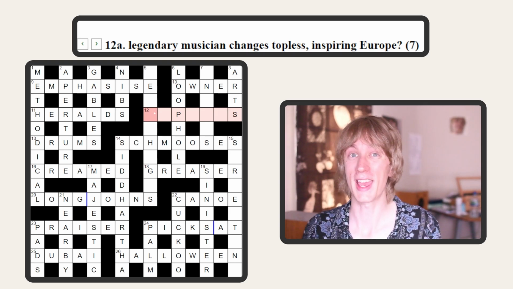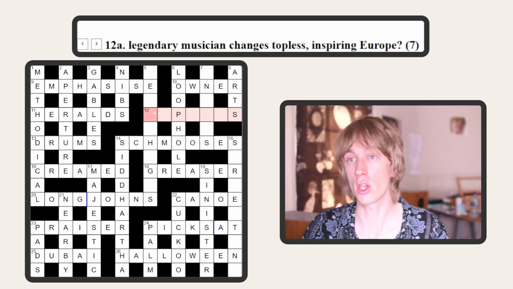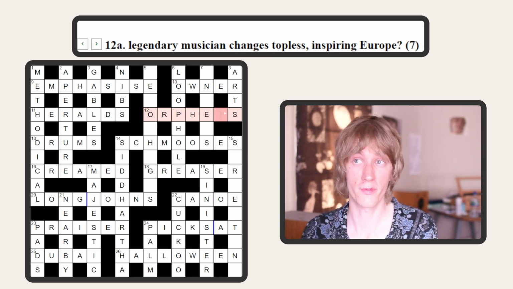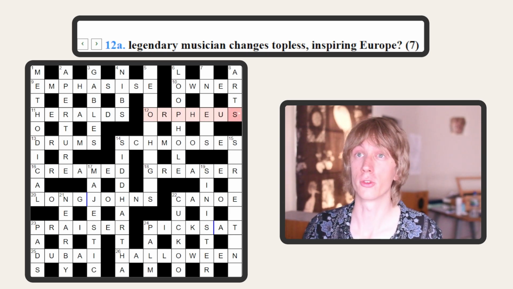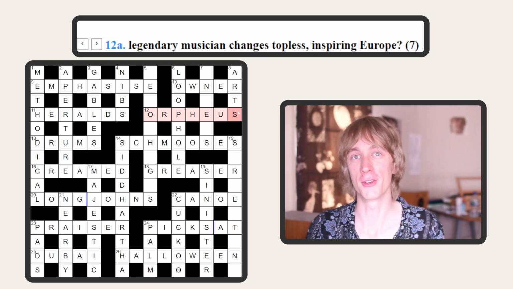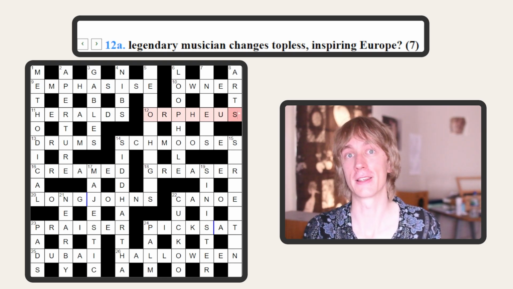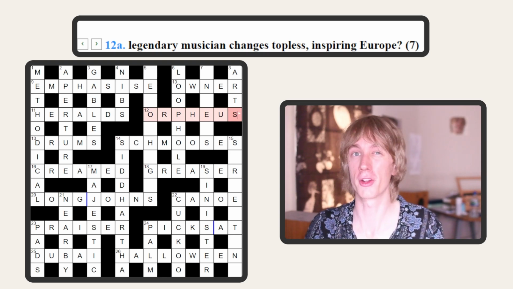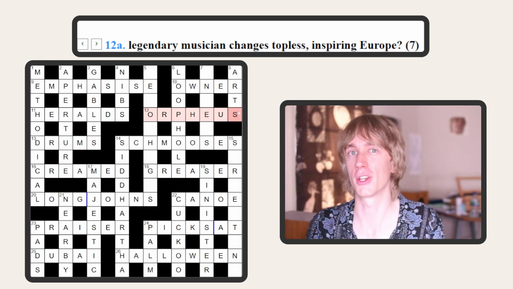And that's going to take in EU. So we have Orpheus. And Orpheus is a legendary musician, not in the sense that he's really famous, in the sense that he was a musician in Greek mythology, a musician of legend.